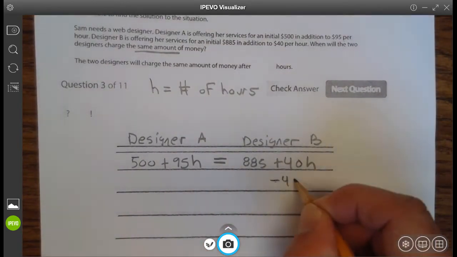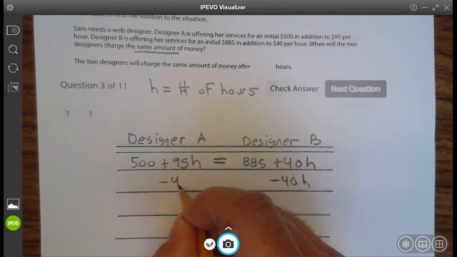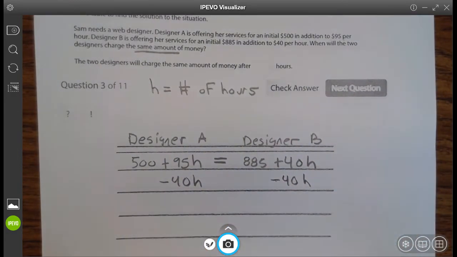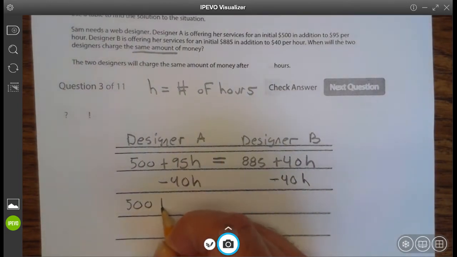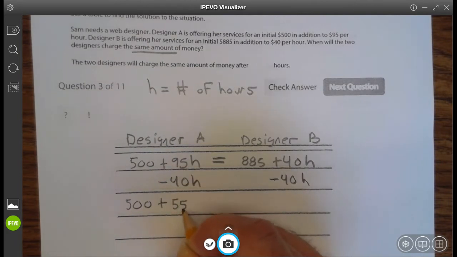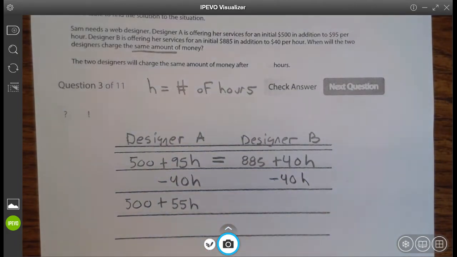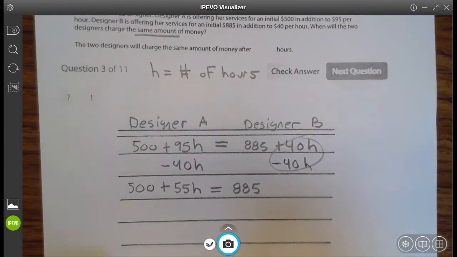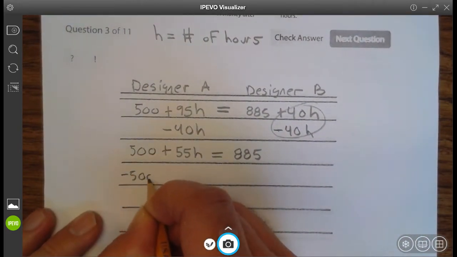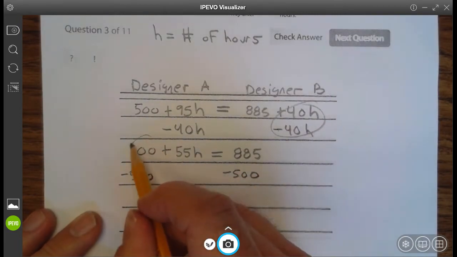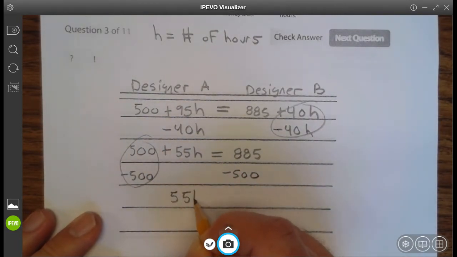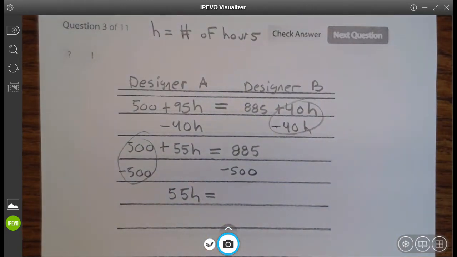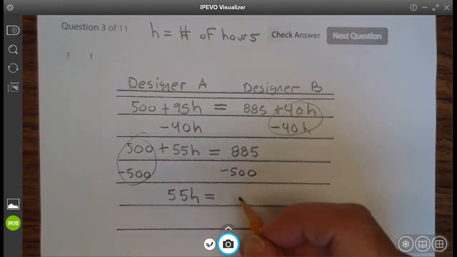So we're going to subtract 40h from both sides. So then that's 500 plus 55h equals 885. This becomes 0. Now we're going to subtract 500 from both sides. 500 minus 500 is 0. We get 55h equals 385.